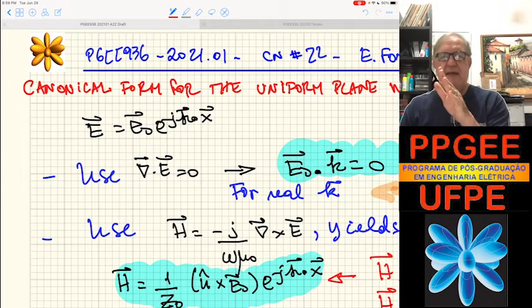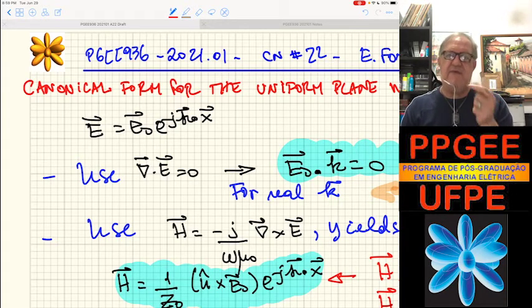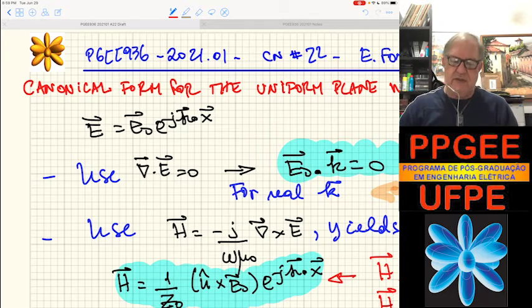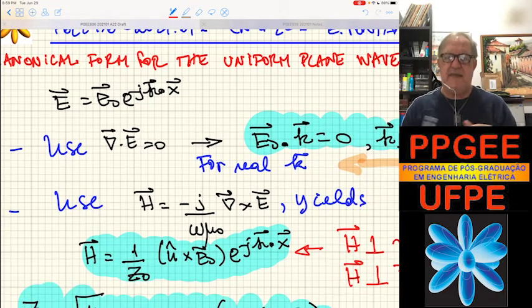Given the E amplitude, we have a way to represent H. Given the H amplitude, we have a way to represent E. So let's look at how that representation would be if I have an E represented by this. We're going to have some important properties.